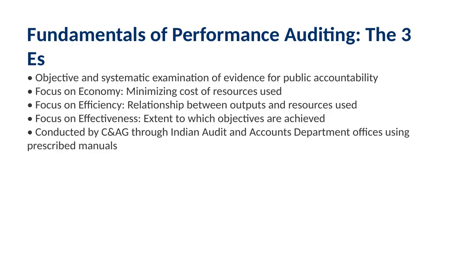Its goal is to provide an independent assessment of a government organization, program, or activity to improve public accountability and facilitate better decision making. Essentially, performance auditing focuses on the 3 E's: economy, efficiency, and effectiveness. It's about evaluating whether a policy or program is achieving its goals in the most economical and efficient way possible.